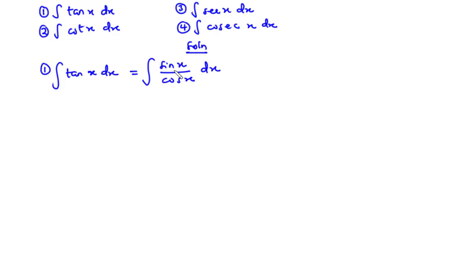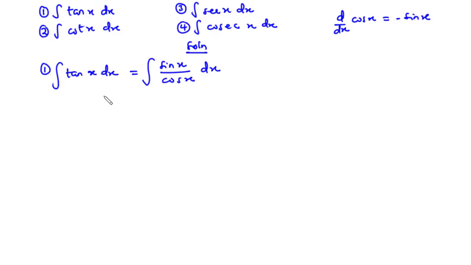Now looking at this function, we have the numerator to be sine x and the denominator to be cos x. Now if you should differentiate the denominator, which is cos x, with respect to x, you have negative sine x, and you realize that the numerator is a constant multiple of the result we have here. So we can use the approach we are talking about.